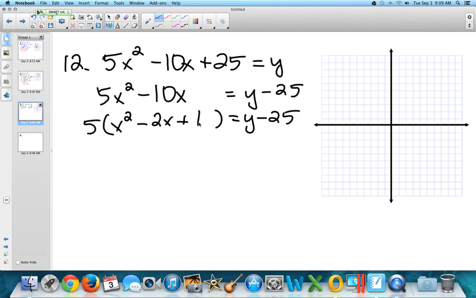Now, most people are going to go over here and they're going to add 1. I cannot add 1 over here, and let me explain why. This 1 is inside of these parentheses, and these parentheses are being multiplied by this 5 out here. So I'm not really adding 1 to this side, I'm adding 1 inside the parentheses.